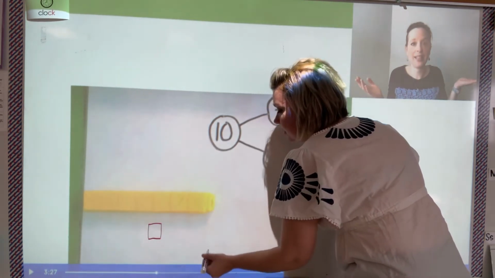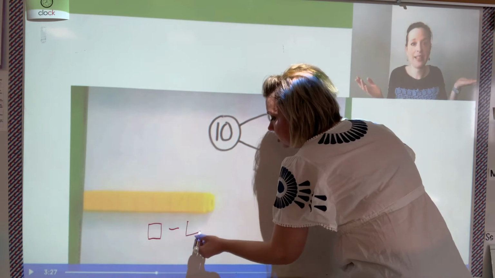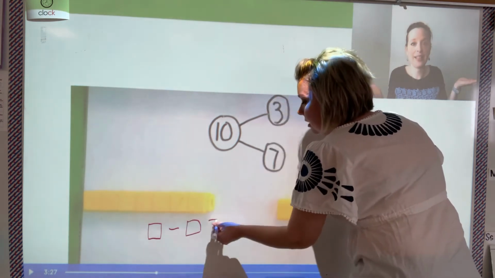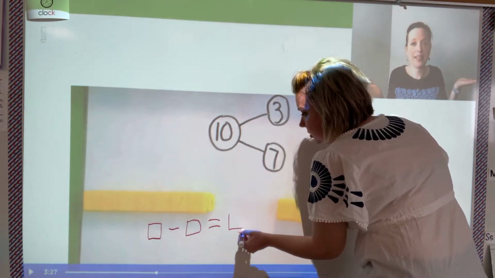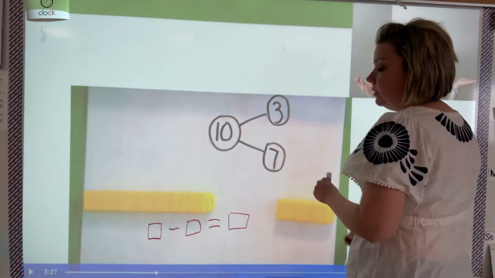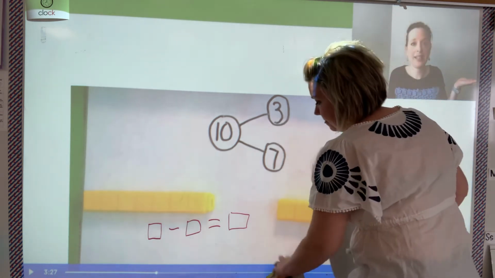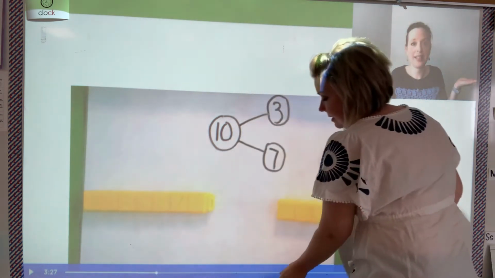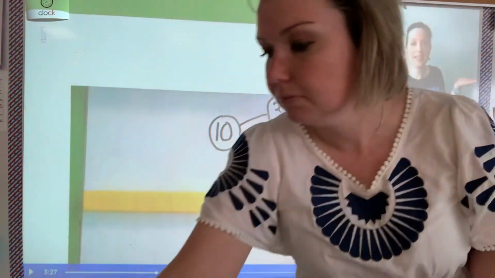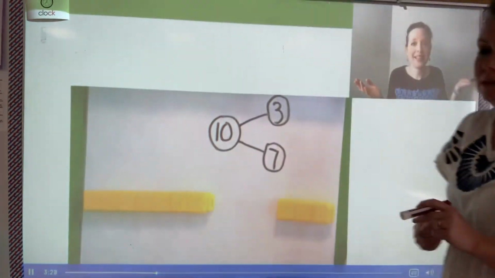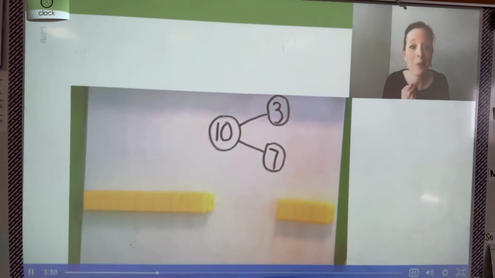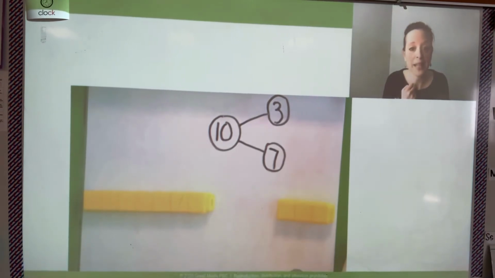Mystery box minus mystery box equals a mystery box. And we'll fill it in. Let's see. Lean in, and with your words, tell me what we would write.